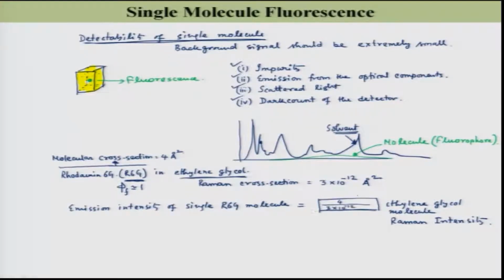Now, this is a number, right. So, this many molecules of ethylene glycol, because the Raman cross section is really tiny, 10 to the power minus 12 angstrom square, right. So, the emission intensity from one rhodamine 6G molecule should be equal to 1.33 into 10 to the power 12 ethylene glycol molecule Raman intensity.